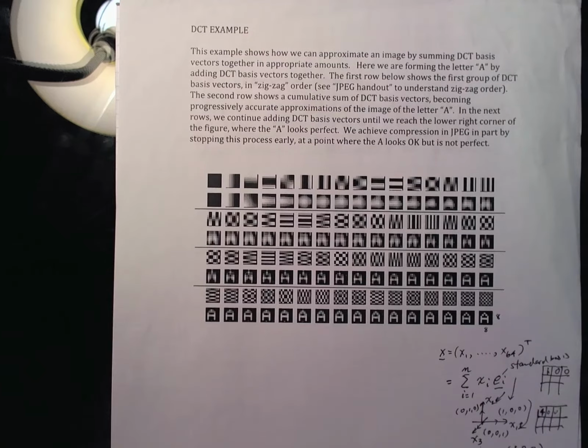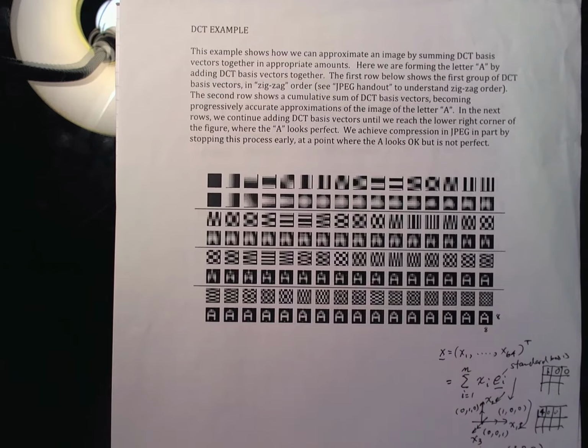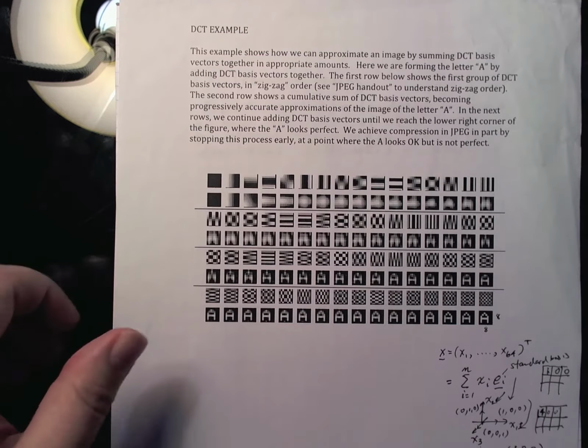It means we didn't communicate all 64 coefficients that you would need to exactly describe it. Remember, to exactly describe a vector in a certain number of dimensions, we have to have as many basis vectors as there are dimensions. But if we have fewer, it's not bad. It still looks like an image. Okay, so that's the idea here.